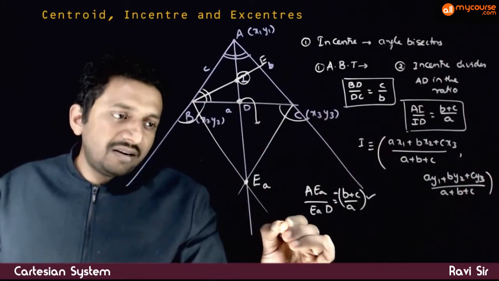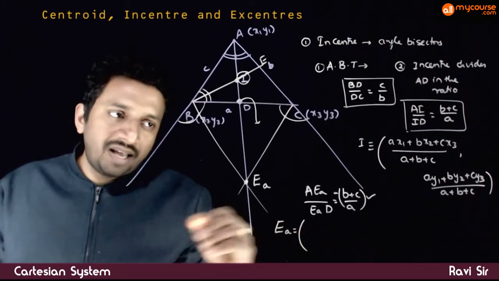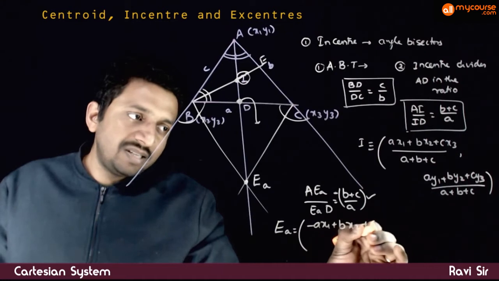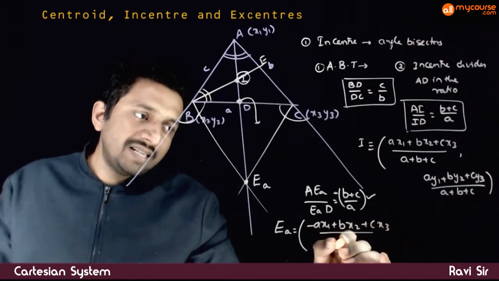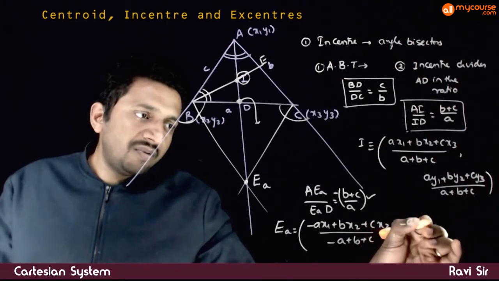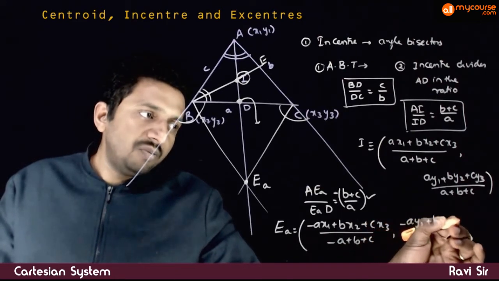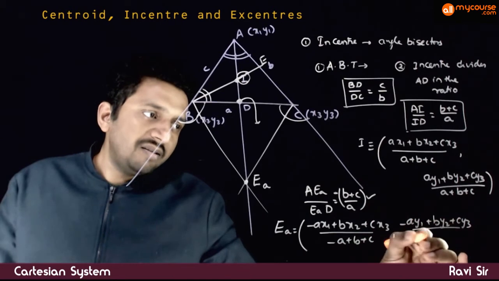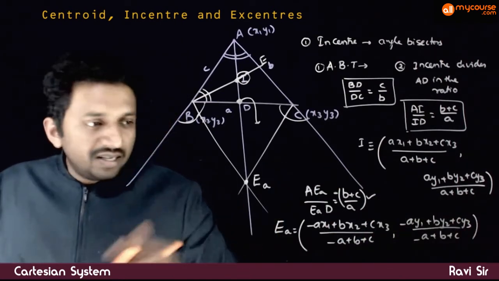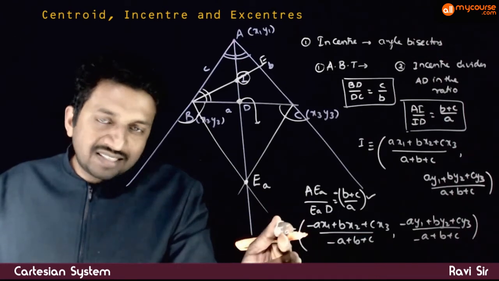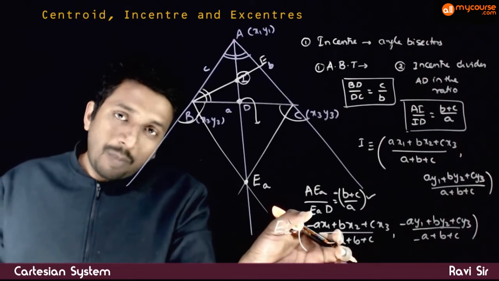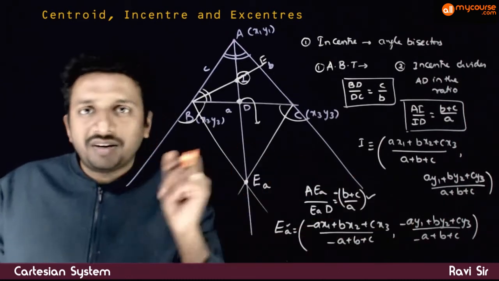So the excenter opposite to A is given by (minus aX1 plus bX2 plus cX3) by (minus a plus b plus c), (minus aY1 plus bY2 plus cY3) by (minus a plus b plus c). So if you want the excenter opposite to vertex A, you have to put minus a in both numerator and denominator.